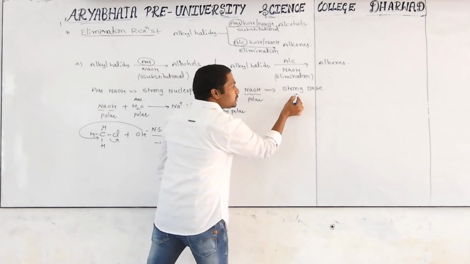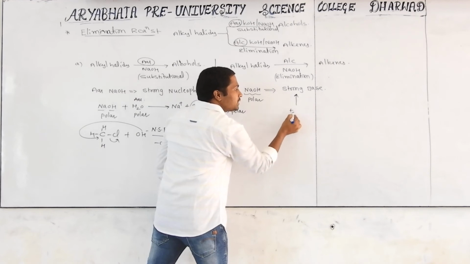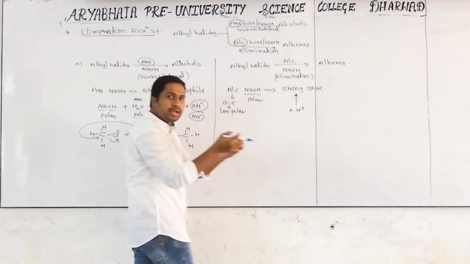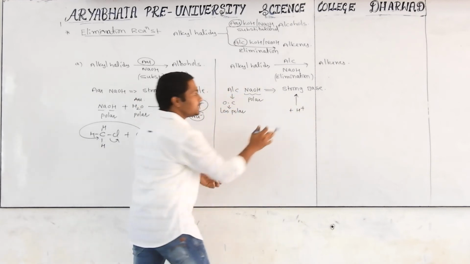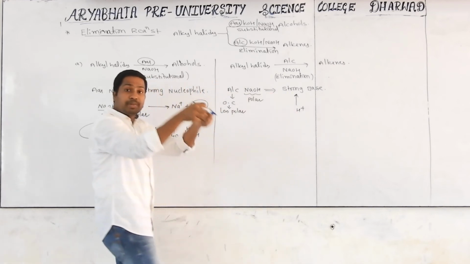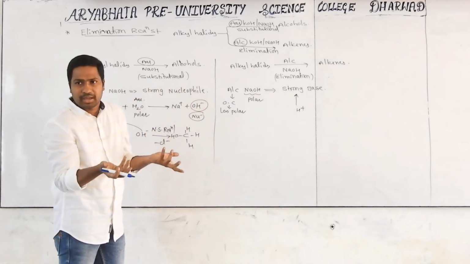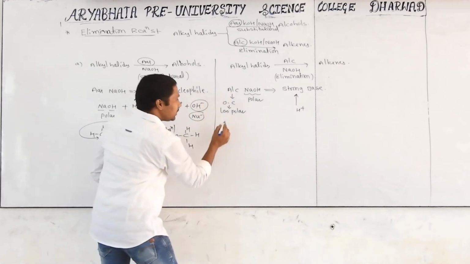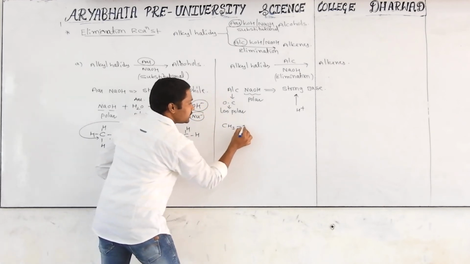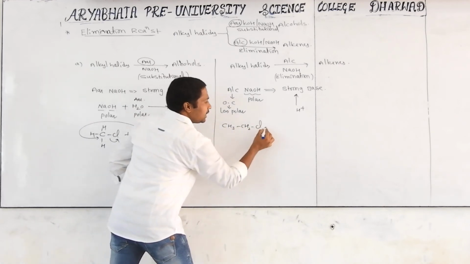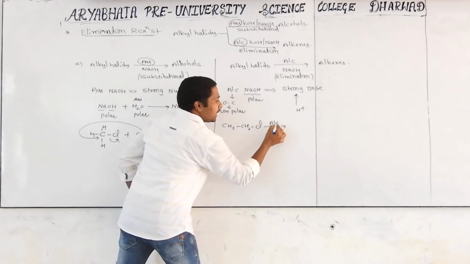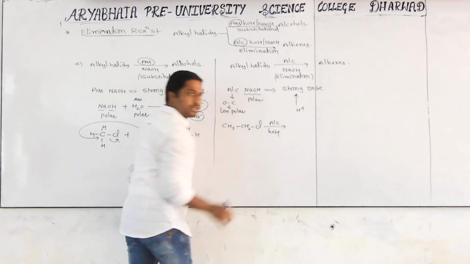Strong base means what is the special character? It always has the ability to absorb H plus ions. It is ready to absorb the H plus particle from the given substance. That is the character of the base. So take the alkyl halide CH3CH2Cl reacted with alcoholic KOH.